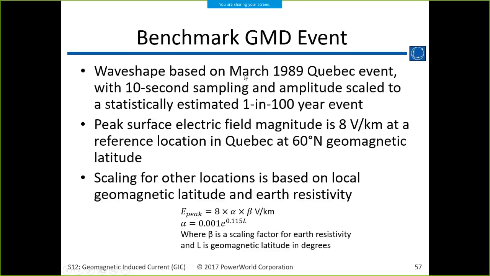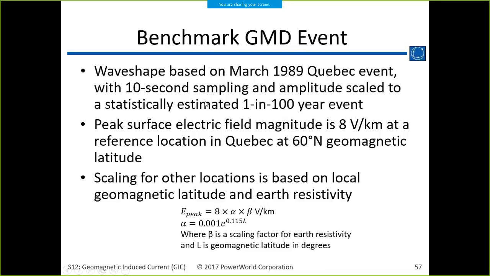The benchmark GMD event is based on the event that brought down the Quebec power grid in March of 1989. There's a 10-second sampling, so it's a little bit long for the transient stability time frame, but between samples it will just interpolate linearly.